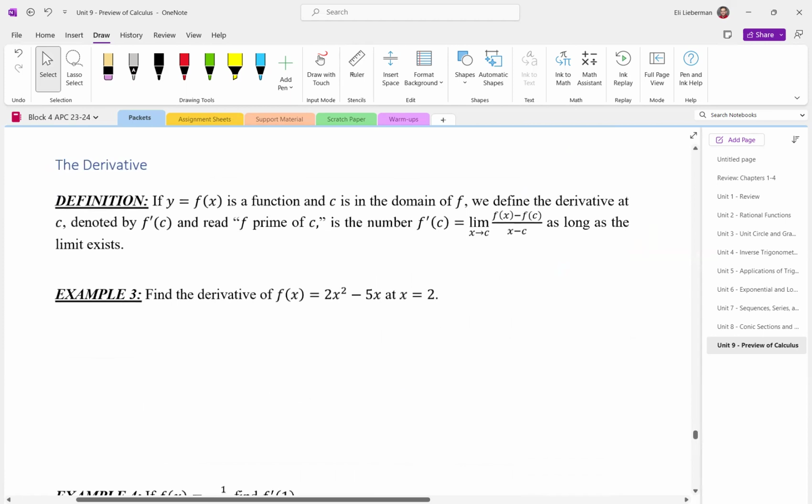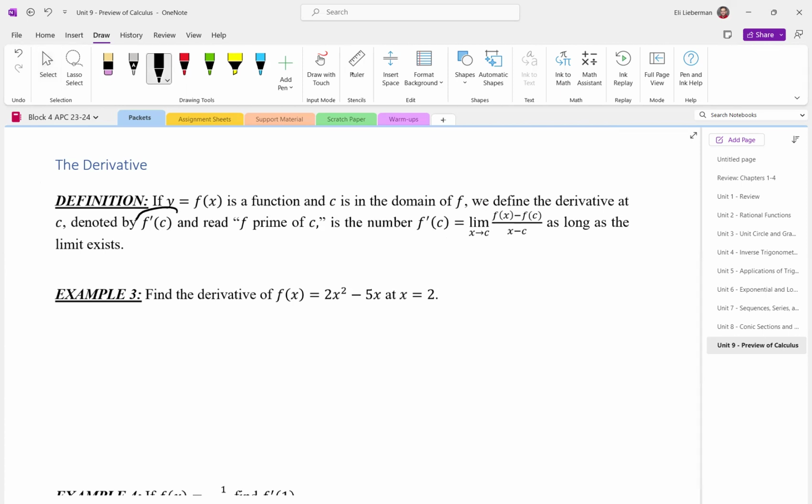Okay, definition. If y equals f of x is a function and c is in the domain of f, we define the derivative at c, noted by f prime of c, as a number: f prime of c equals all that limit.